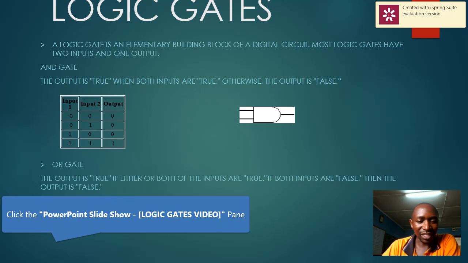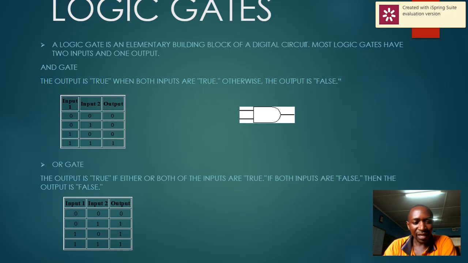What do we mean? Let's look at this table. Input 1, we have a false input. Input 2, we have a false. If both inputs are false, as you see in the first row there, it means the output is false. Why? Because the inputs there are false, or 0 inputs.